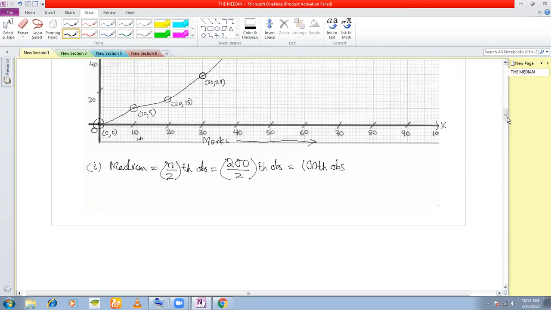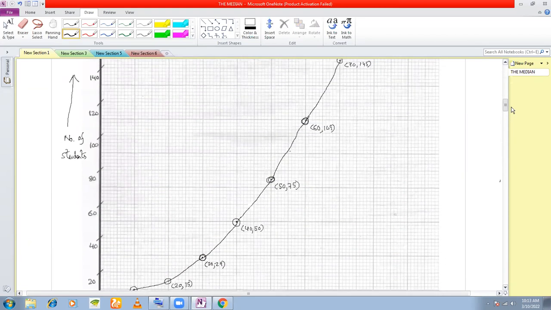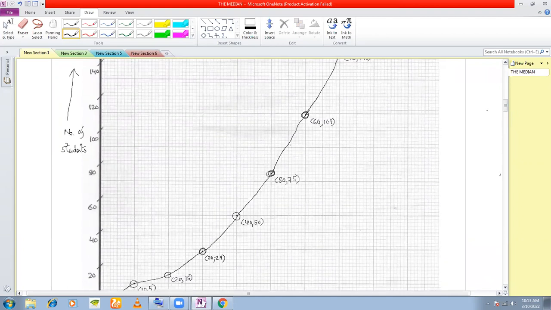Now look at the graph. In order to get the 100th observation on the y-axis, we try to locate 100. So this is your 100 here, right? Now what we do, once we locate 100 on the y-axis, with the help of a scale and a pencil, from this point, we join it with the curve here, right?